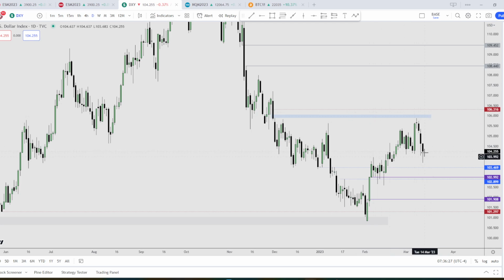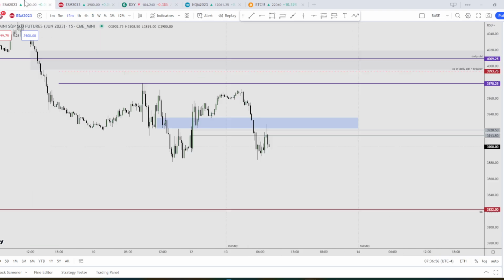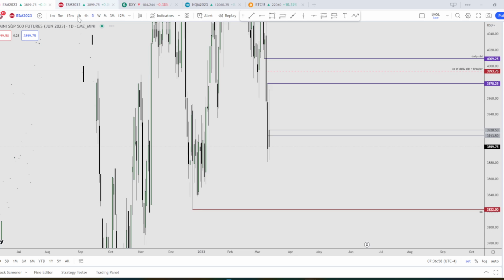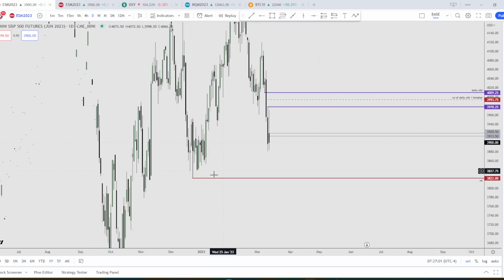As long as DXY can close above the swing lows here, I'm thinking the near term objective is still right here. The problem now is everybody's leaning bullish after hearing that the Fed is going to bail out the banks and so on. But I like that sentiment shift because initially everyone was bearish. When everyone was bearish, I was contemplating if we were going to take out this low right here.